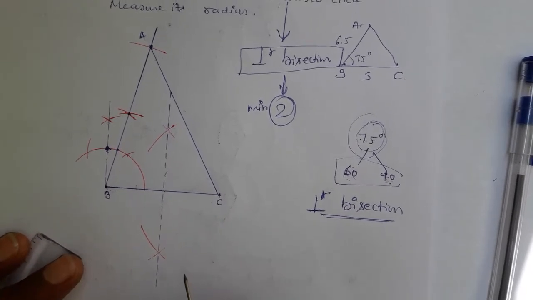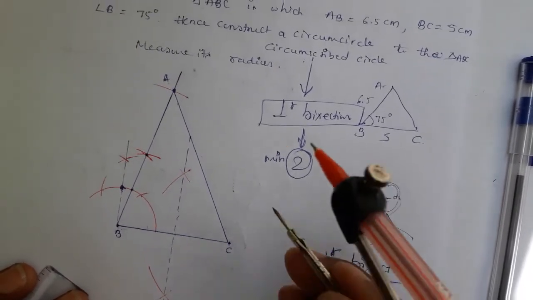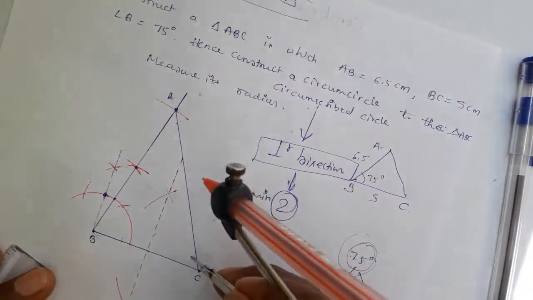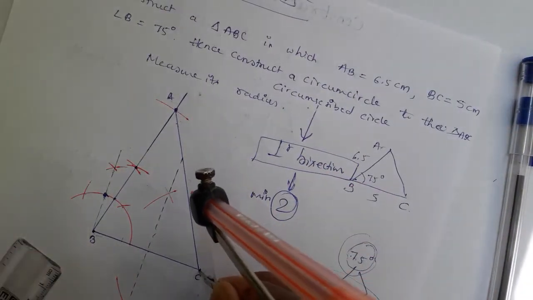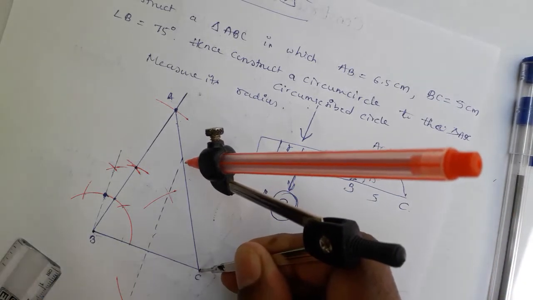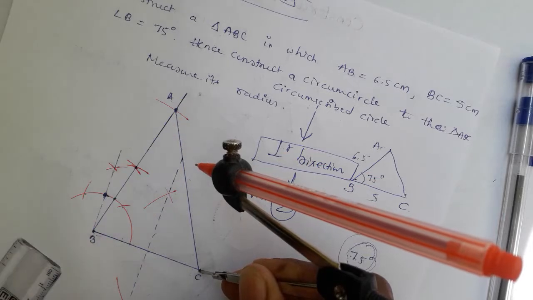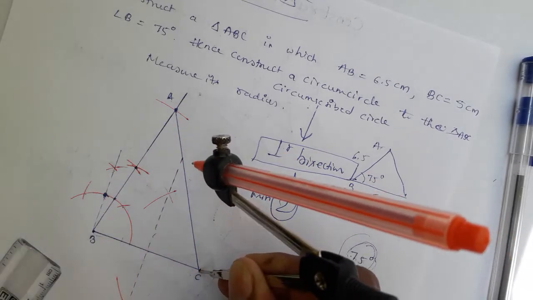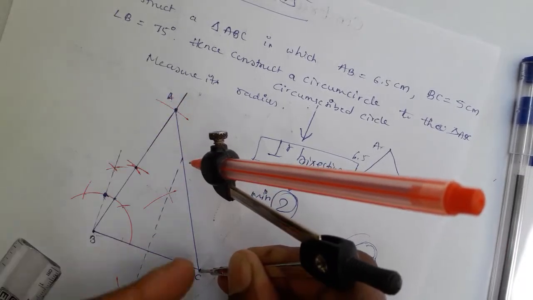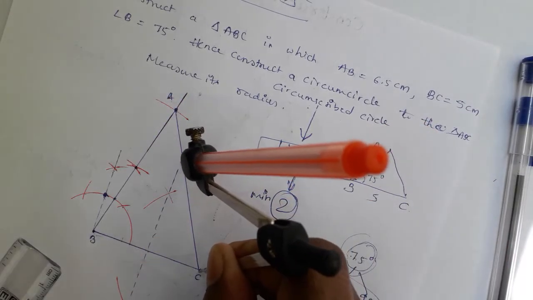To construct one more perpendicular bisection, we have to choose one more side. AB and AC are remaining. So I take AC now. How to do the perpendicular bisection? Whichever side you have chosen, take more than half of that side. So I have chosen the AC side, and I have to take more than half of the AC side.